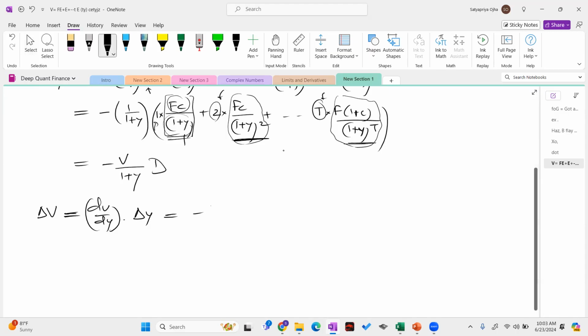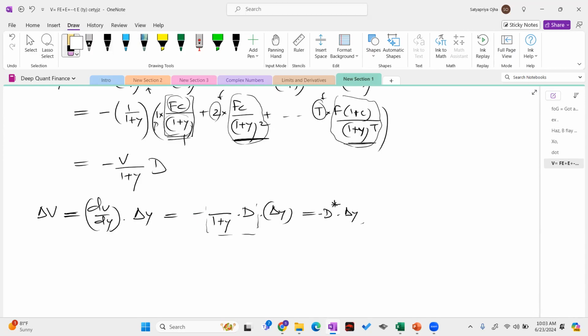And this is equal to minus V by 1 plus Y, D, delta Y. Now to make things a little more neat, these guys started calling this stuff D star, minus D star delta Y. So your final expression, whoops, not this much, apologies.